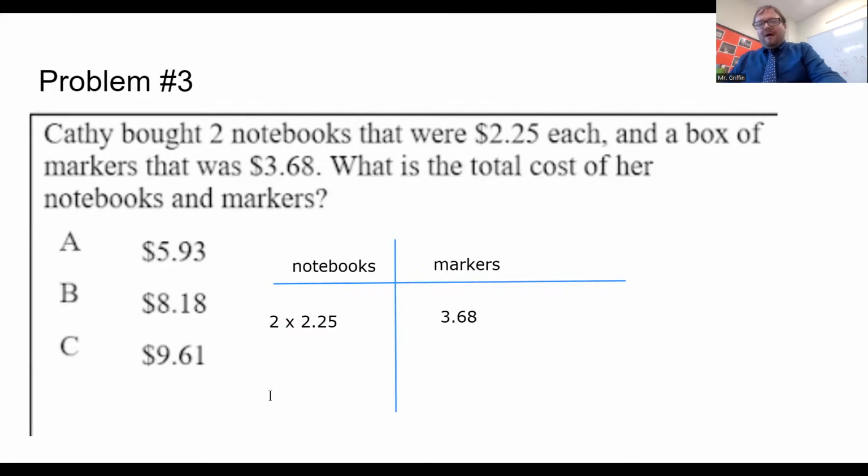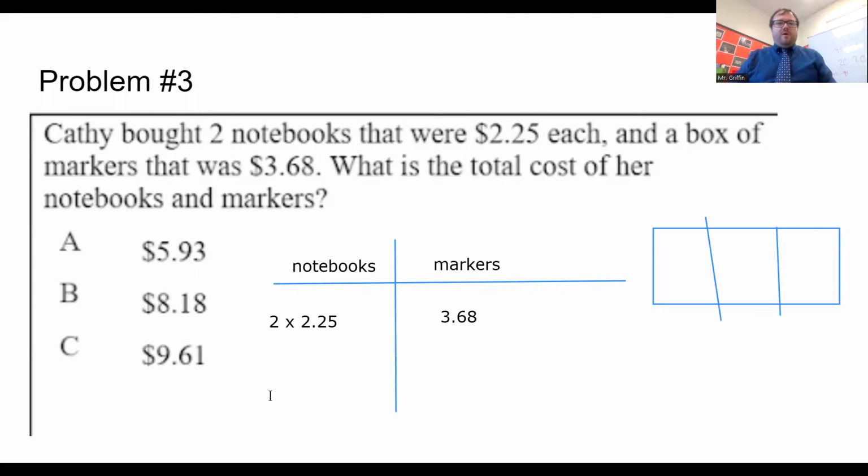So I'm going to draw my area model and break it into 1, 2, 3 parts. Put my 2 on the left and then do 200 plus 20 plus 5. All right.